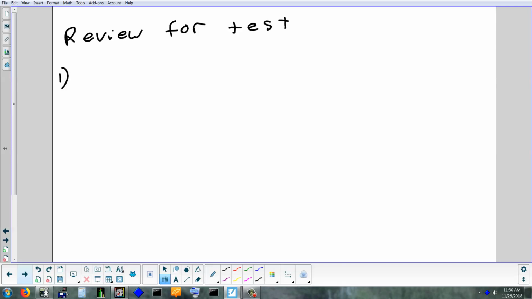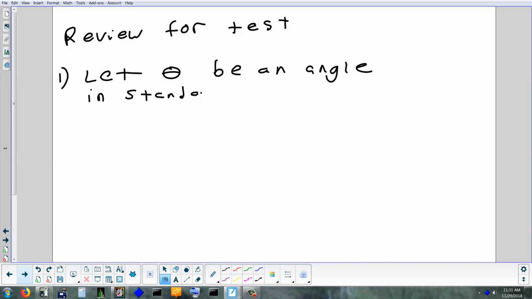Make sure you know all those definitions. So let's look at how we could use something like that in a problem. I'm not going to ask you the definition of standard position, but you'd have to know what it means to do this problem. So let theta be an angle in standard position.